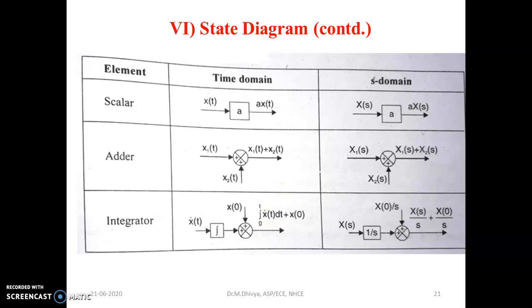It is fed into the block which comprises the function a, and the output will be a x(t). Similarly, in the S domain, x(s) is the input and the output will be, after scaling, a X(s).